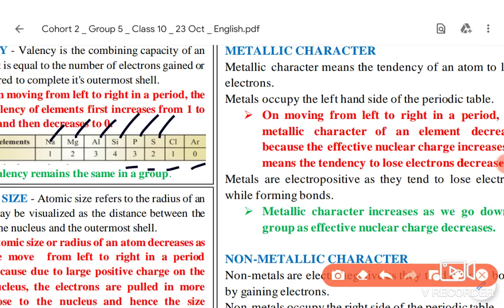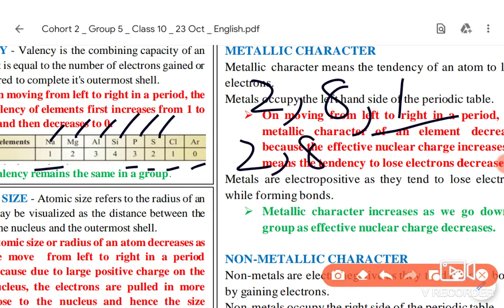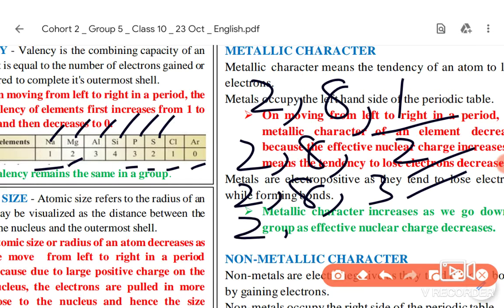But what about valency? Since sodium contains 1 electron, it can lose 1 electron, so its valency is 1. Magnesium contains 2 electrons, it can lose 2 electrons, its valency is 2. Aluminium, its valency is 3. Silicon, its valency is 4.